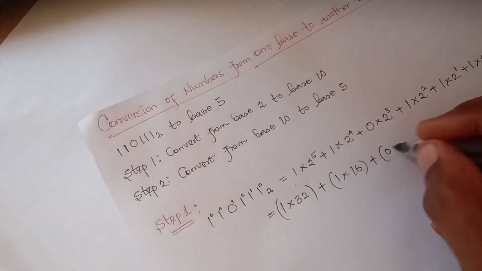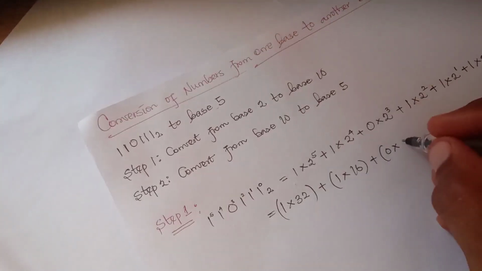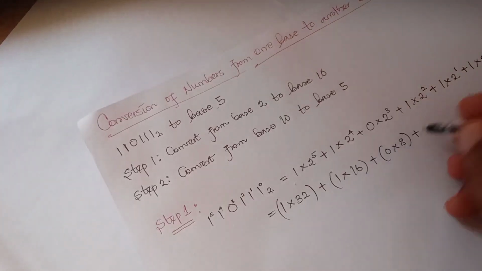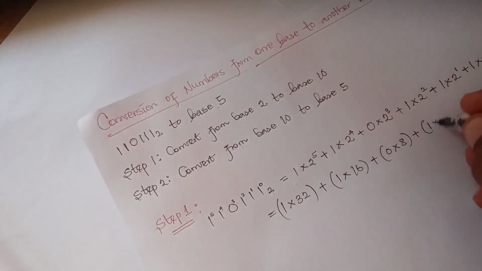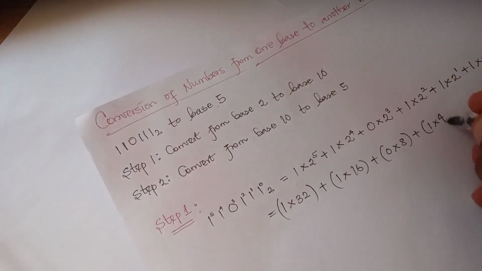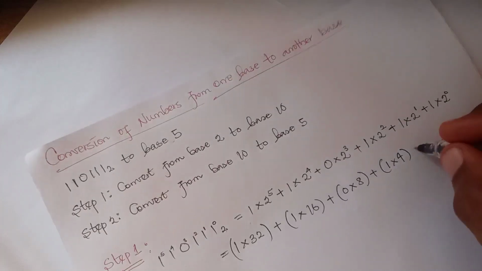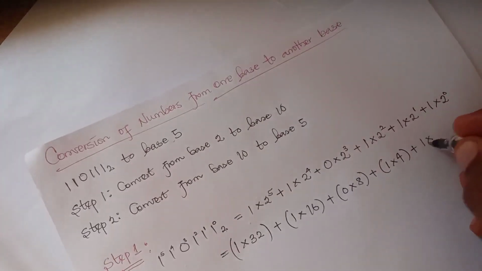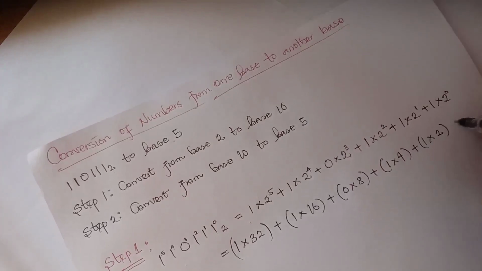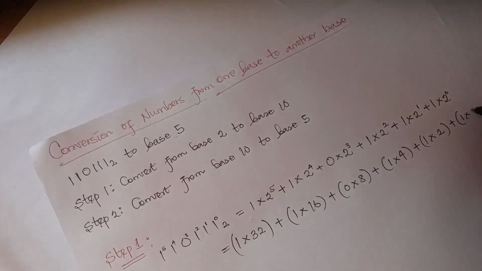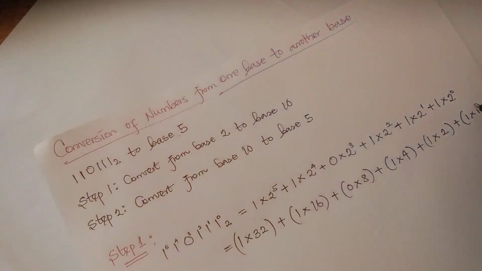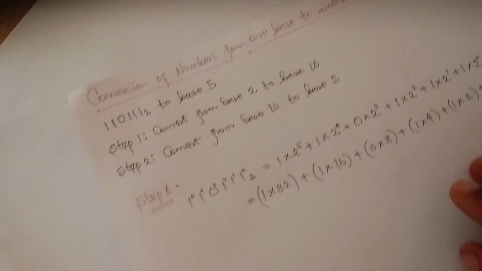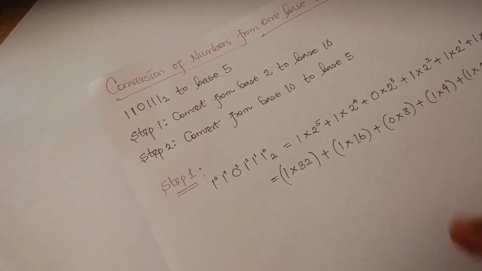Plus 0 times 2 to the power of 3 is 8. Plus 1 times 2 to the power of 2 is 4. Plus 1 times 2, plus 1 times 1. Yes, 2 to the power of 0 is 1, because any number raised to the power of 0 is naturally 1.